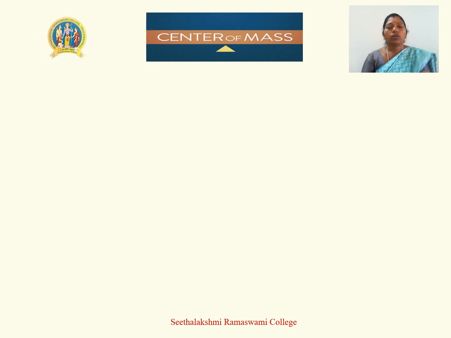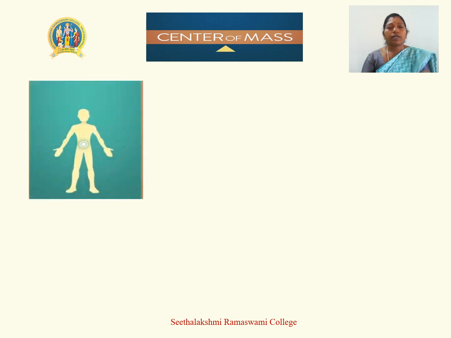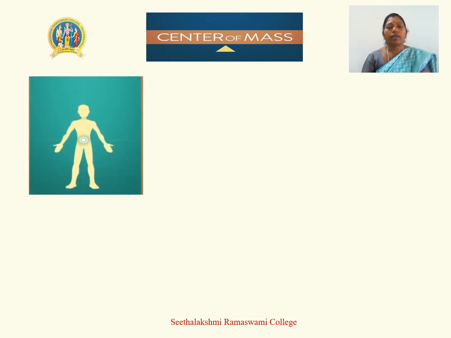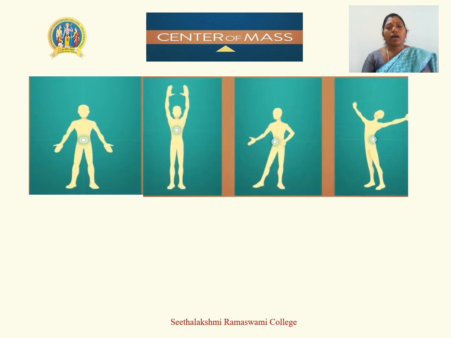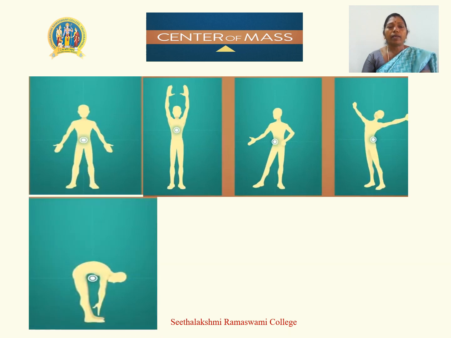We humans also have a center of mass. When most people stand up, their center of mass is around the belly. But what happens to our center of mass when we lift our hands in the air? Our center of mass moves upward. It moves all the time as you move through the day based on how our body is positioned.